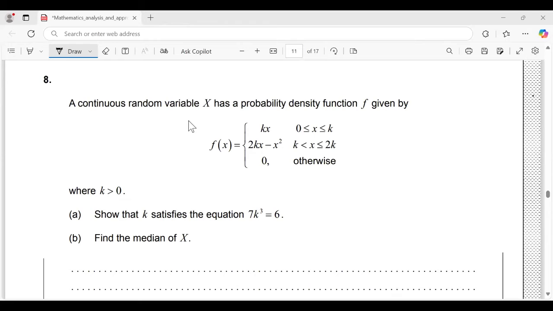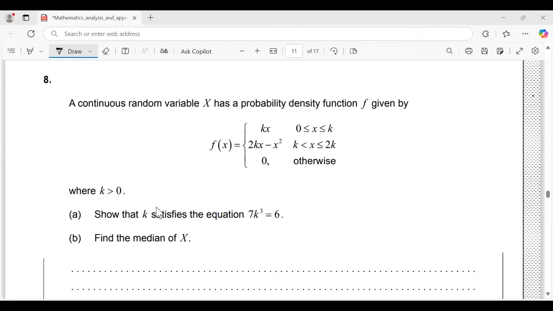A continuous random variable x has a probability density function f given by f(x) equals kx with x in the interval 0 to k, f(x) equals 2kx minus x squared with x in the interval k to 2k, and f(x) equals 0 otherwise, where k is greater than 0.